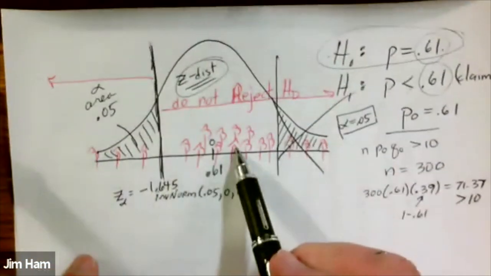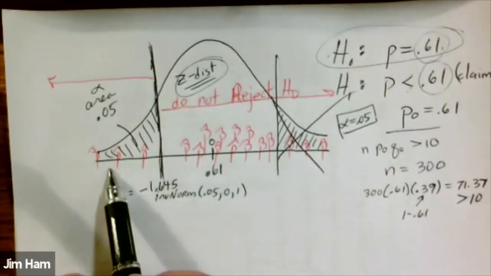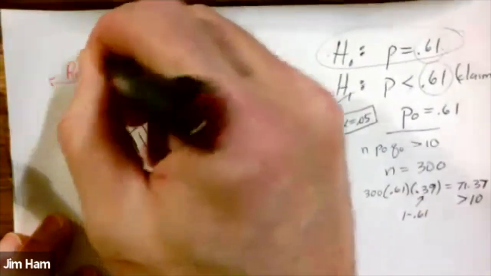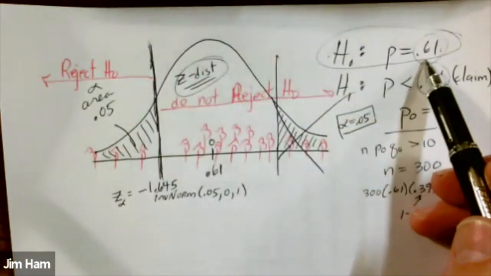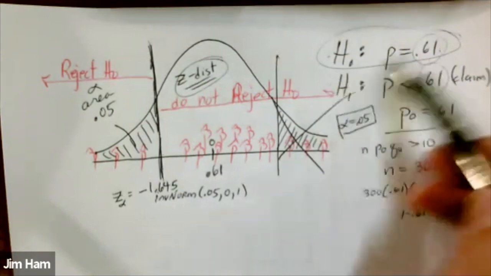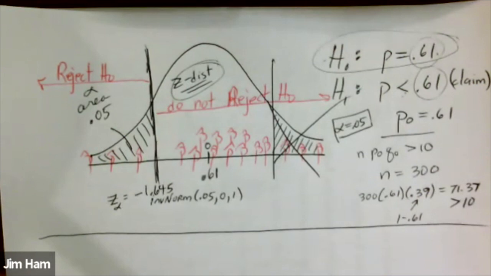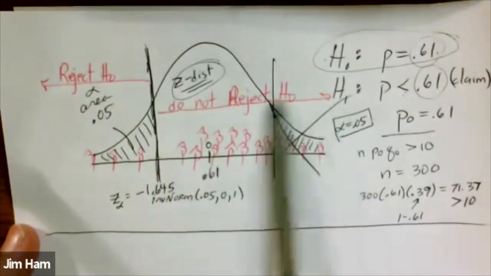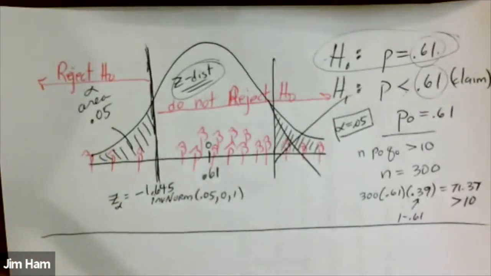If we happen to find a sample proportion that's a long way away from 0.61, like 0.43 or something way over here, then this is going to lead us to reject the null hypothesis. And the null hypothesis is that the population proportion is 0.61. So we would reject that if we got a number over here. So I just wanted to add to this picture this and this, because this tells us whether or not we reject the null hypothesis.